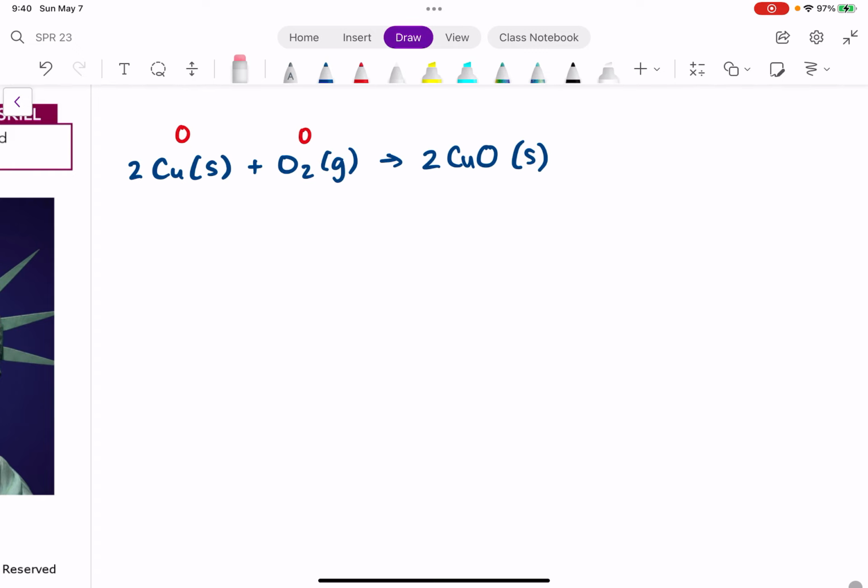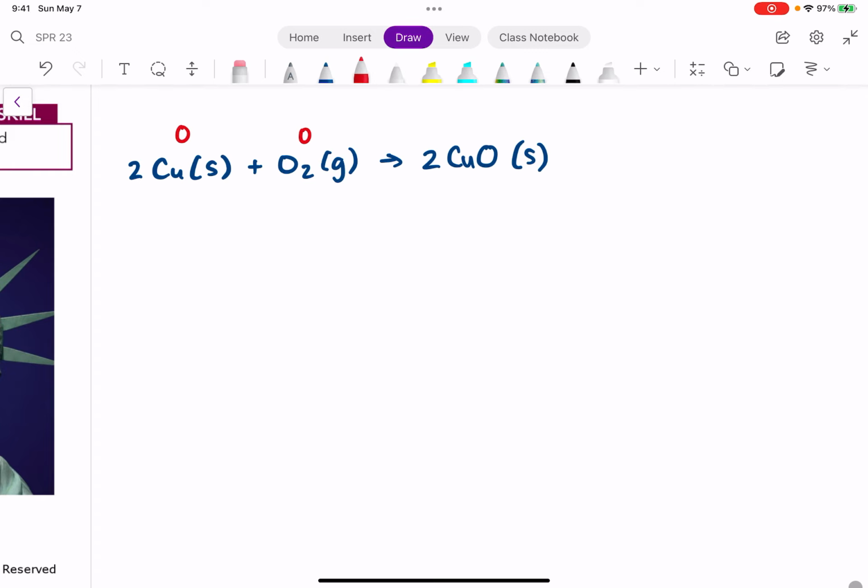Okay, what about on the right here? Now we've got this ionic compound. How did I know it was ionic? Yeah, it's a metal and a non-metal. Specifically, it's a transition metal. So we need to be aware that it can make variable charges. It can have different charges when it forms an ion.